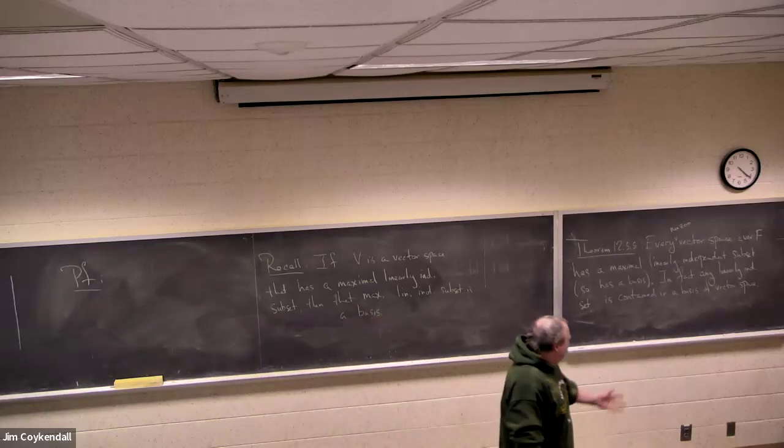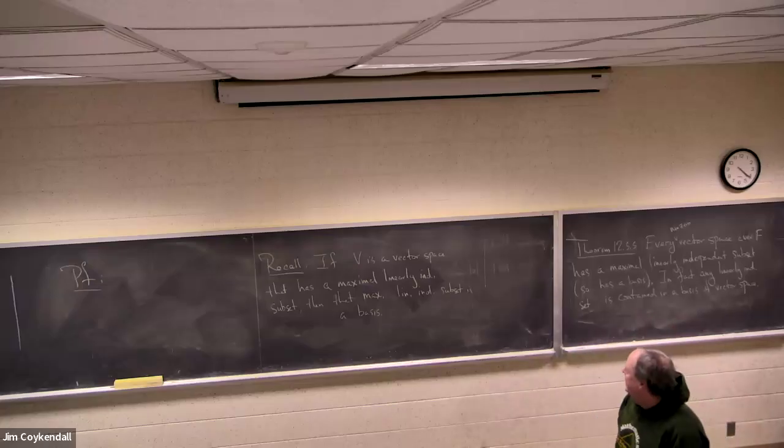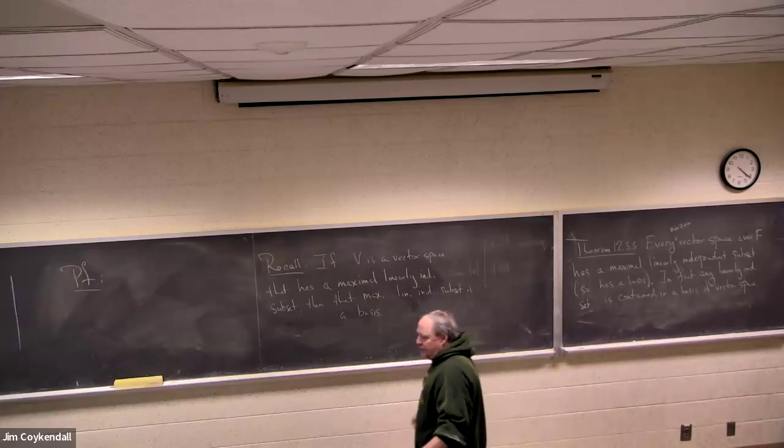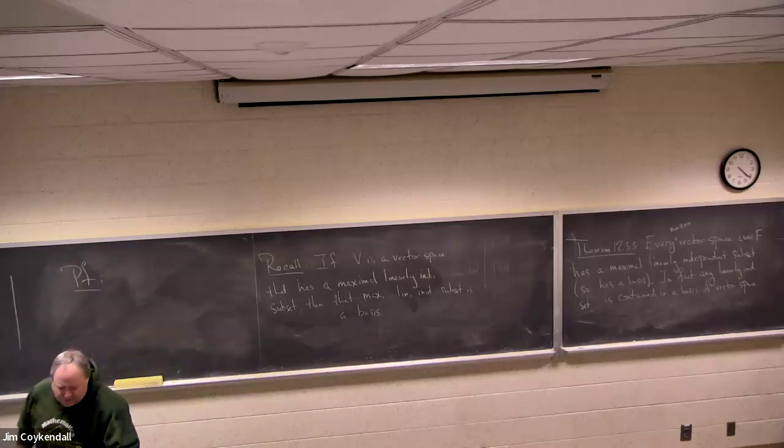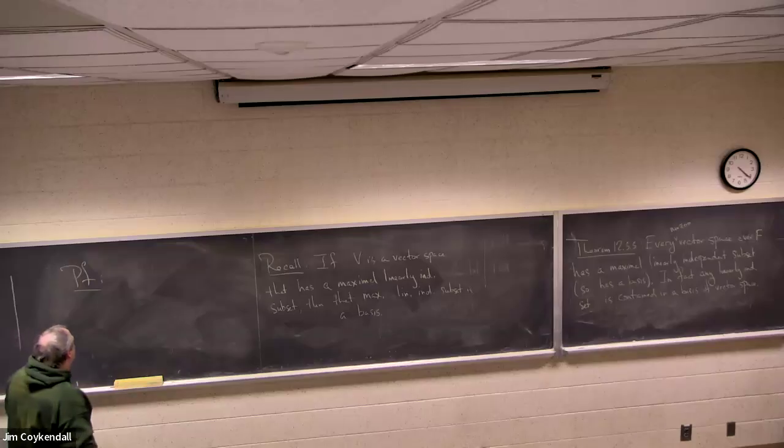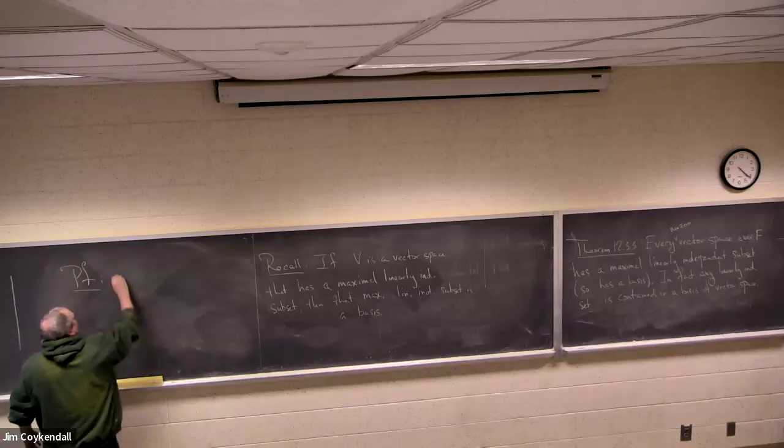I'm going to do something that's more algebra kind of thing, because I'm not going to assume it's finite. There are easier proofs if you want to be in finite dimensional vector spaces, but why not go for the gusto here? Proof.